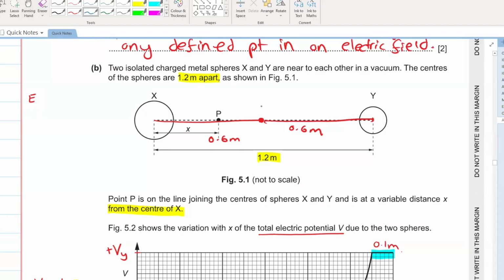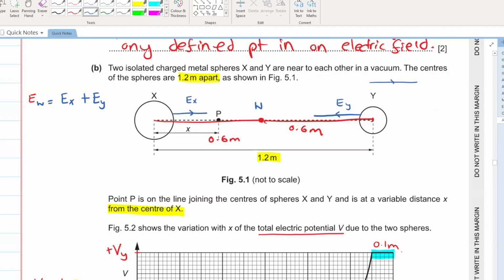Let's label it as W. The electric field strength at W is the sum of the electric field strength due to X plus the electric field strength due to Y. Now, if both of them are positively charged, how will their electric field lines originate? Away from the charge. This is EX, this is EY.